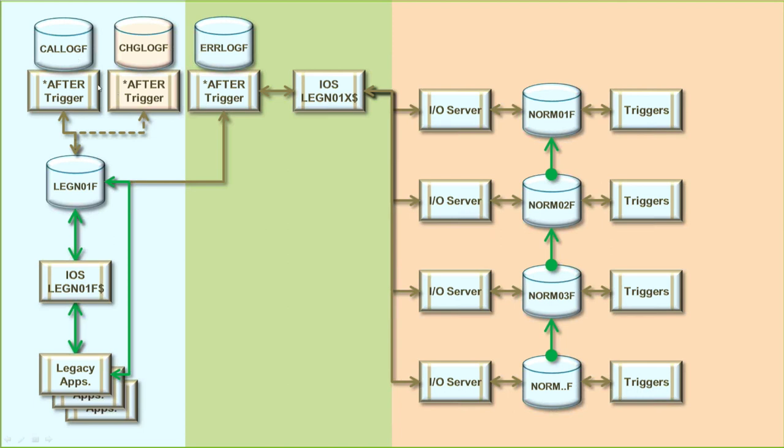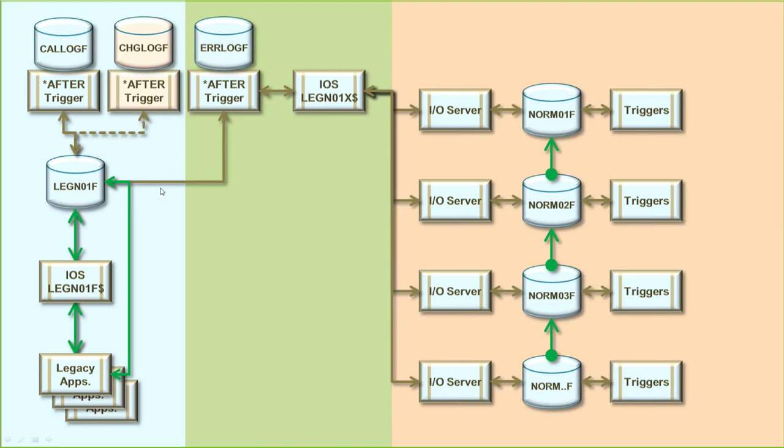So you can switch them on and off as you choose. Once you are happy that you've identified all the legacy apps, you can switch this one off. So you've got that sort of flexibility.